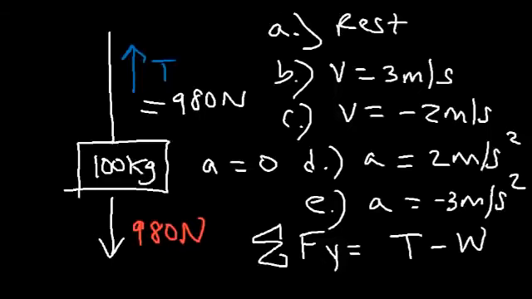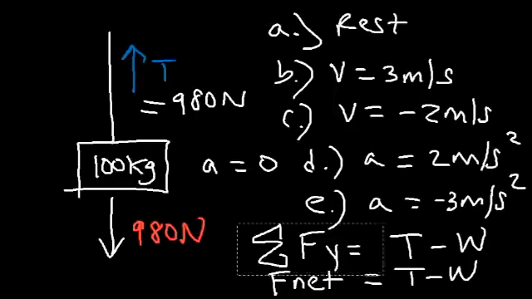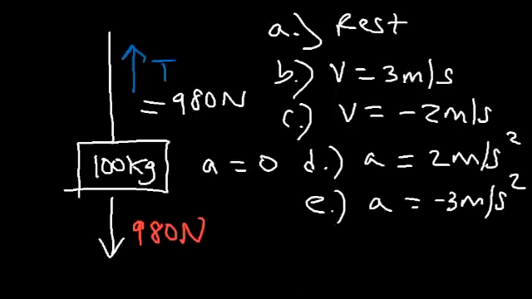The sum of the forces in the y direction is also equal to the net force. So net force is tension minus the weight force, and the net force is equal to ma. So the mass times the acceleration is tension minus the weight force.